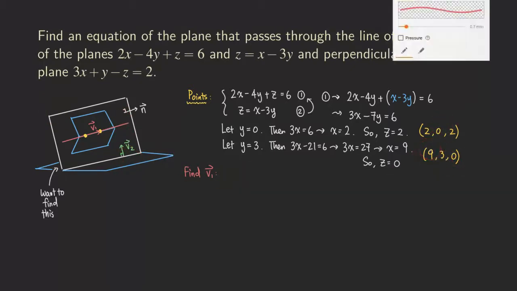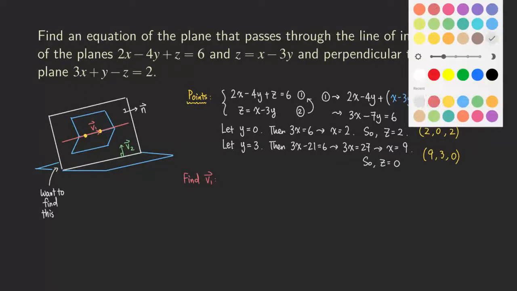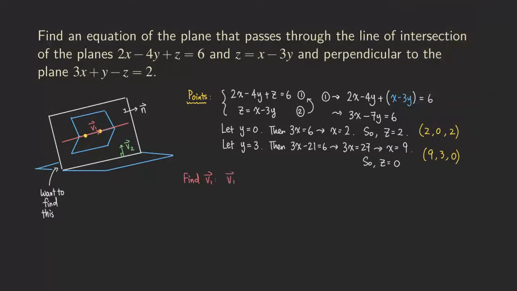So that would actually not be difficult. Okay, so let's do that. Simply the v1 is just equal to, let's take this point, subtract the other point. So we are going to be getting 9 minus 2, and then 3 minus 0, and then 0 minus 2, so we are going to be getting 7, 3, and then negative 2.